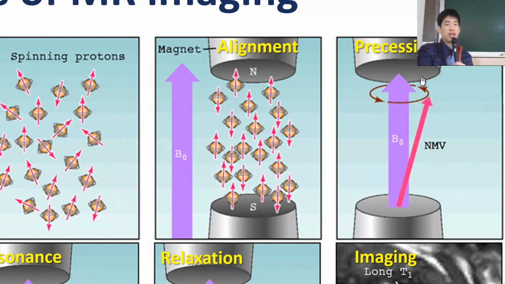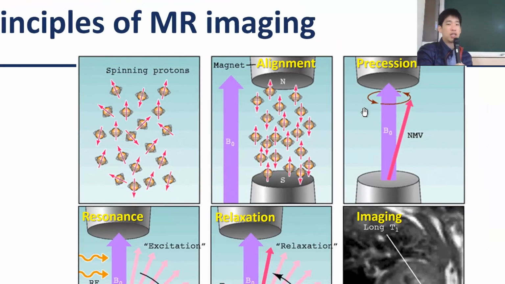And this precession phenomenon is so important because it is the origin of why we can measure the signal in our coil. A coil can only record current. However, if the magnetic field is continuously changing its direction, the dynamic magnetic field can cause current. If you only have a static or fixed magnetic field, no current will be induced. It's the Faraday law that a dynamic magnetic field can generate current. So precession is so important.